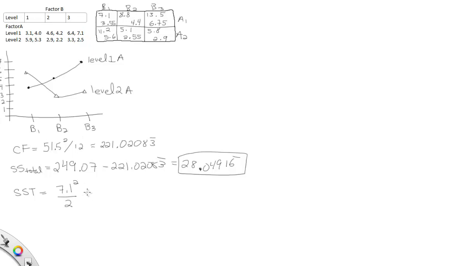So it'd be 7.1 squared divided by 2, then it'll be 8.8 squared divided by 2, plus 13.5 squared divided by 2, plus 11.2 squared divided by 2, plus 5.1 squared divided by 2, plus lastly 5.8 squared divided by 2. And remember, we always subtract off our correction factor.